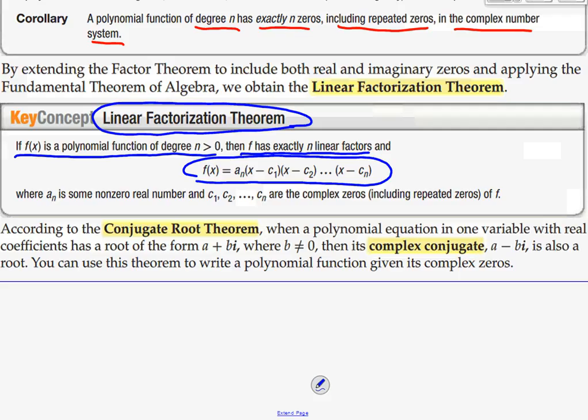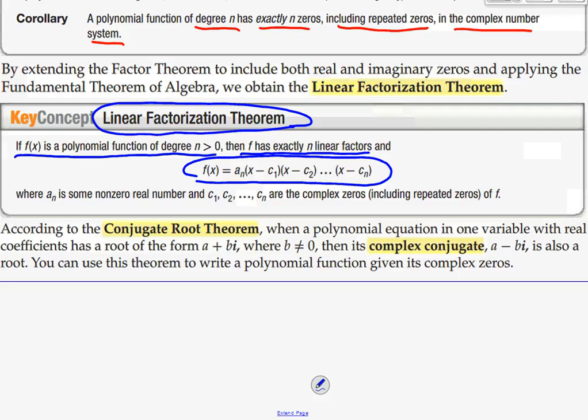And this would be a common factor. And do you agree when you're finding zeros, a sub n has no bearing on the answers, right? Because if I have 2x squared plus 4x plus 8, I'm going to divide out that common factor of 2, and it's not going to have any bearing on my answer.